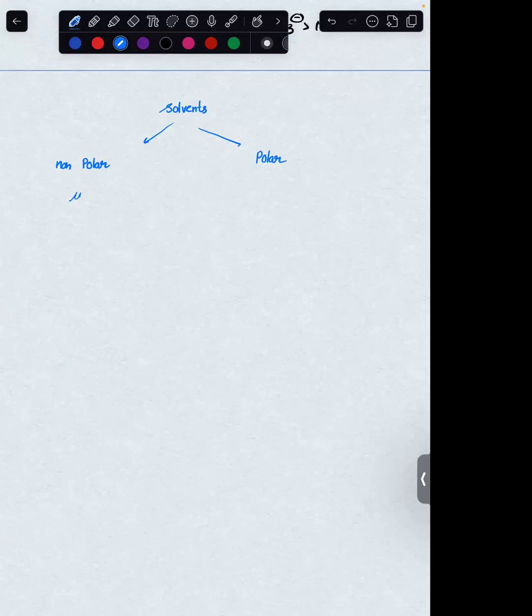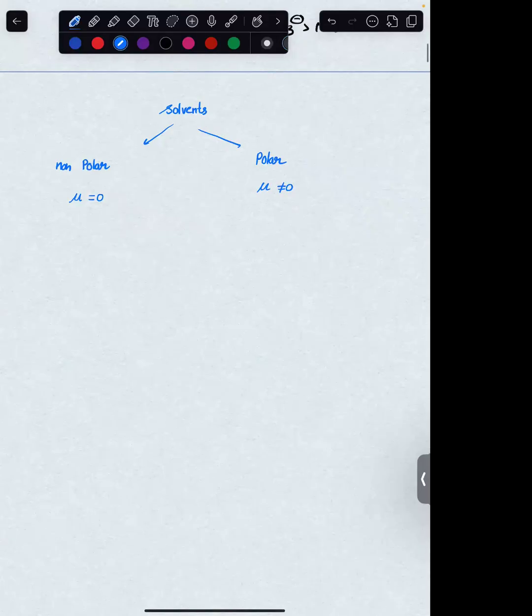Non-polar solvents are those where mu equals 0. Polar solvents are those where mu not equals 0. And as we are talking about ions, ions are usually soluble in polar solvents, right? So our point of interest is the polar solvent, where ions usually exist. Hence, we need to consider polar solvents. I'm not discussing any non-polar solvent.